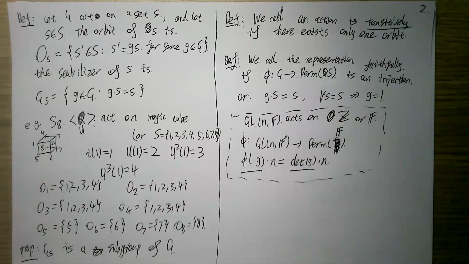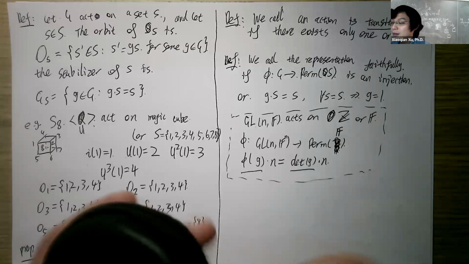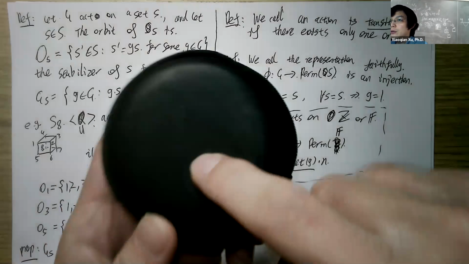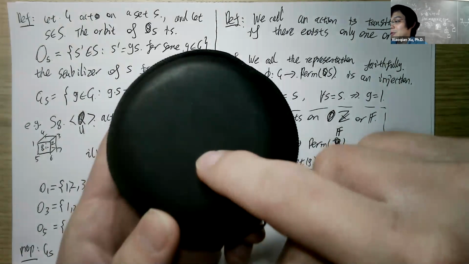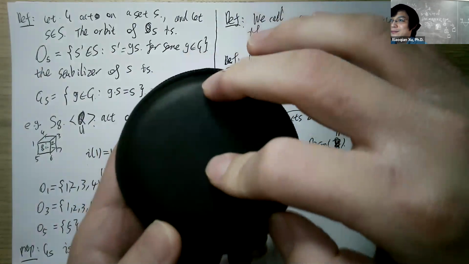Yeah, by the way, I have a question. Sure. So the definition for transitivity says that there exists only one orbit. Does it mean that for every element in the set being acted on, say S, the orbit is the same? Yes, that's right. Because for any point, you can find a way to map this point to any other point, right?